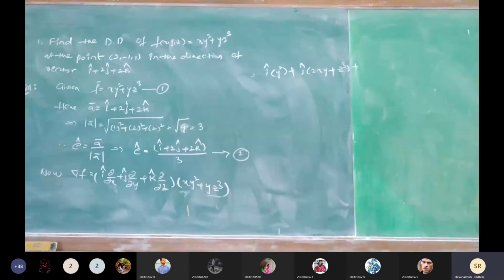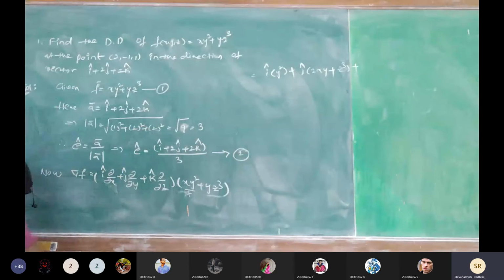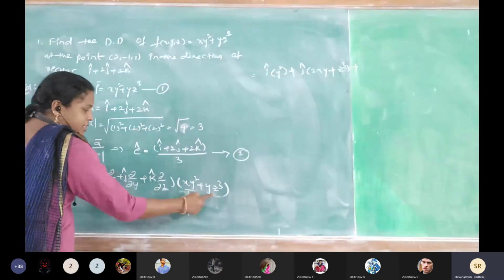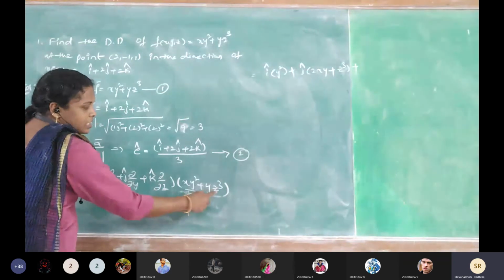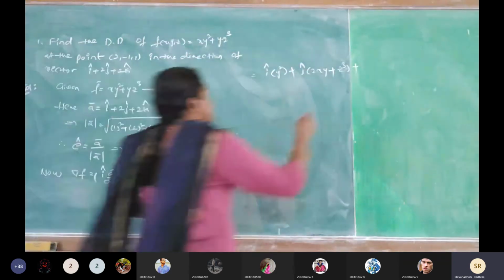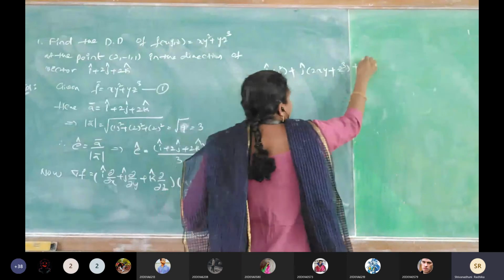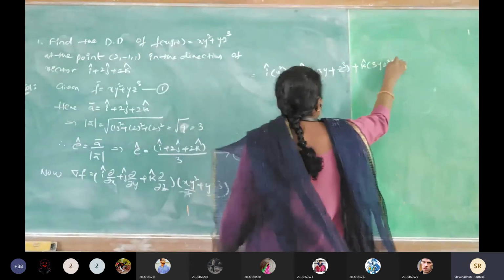Plus, is that visible? Okay, next, k ∂/∂z of this function. x y² is a constant, its derivative is 0, while z³ differentiated with respect to z, y is the constant, z³ differentiated is 3z². Okay, so that k of 3yz².